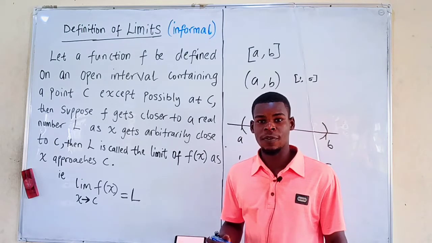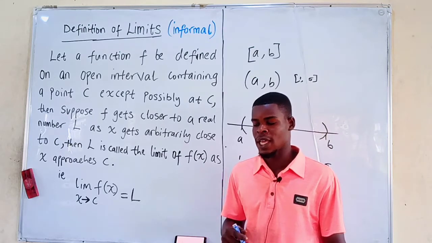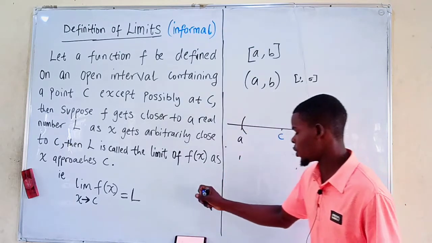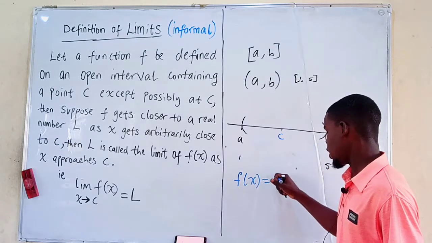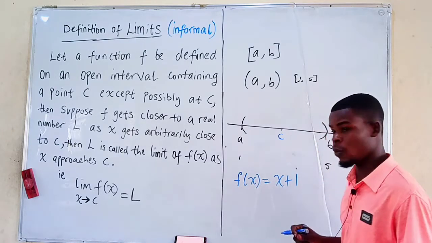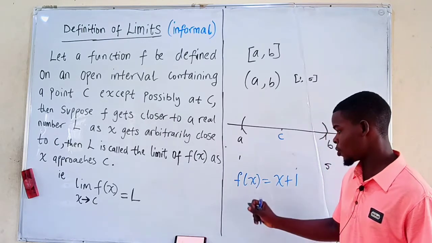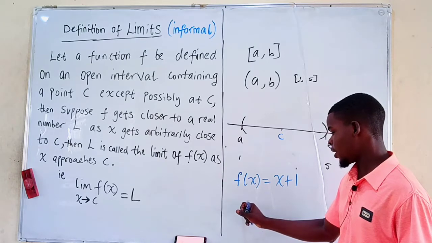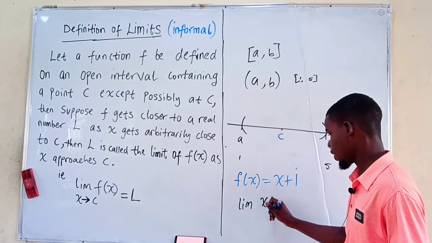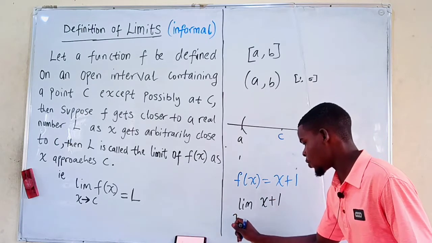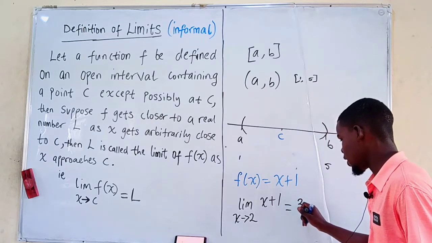In our previous video where we introduced limits, I gave a simple linear function, f of x equals x plus 1. We saw that as x gets closer and closer to 2, the result was getting closer to 3.